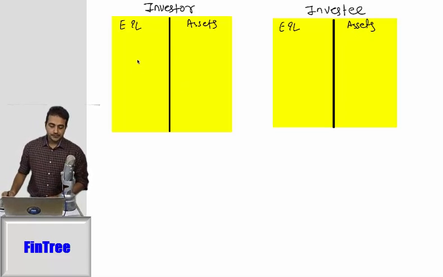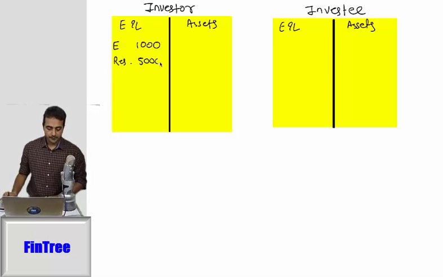Now, let us say for investor, right now equity is 1000. Accumulated reserves are 5000. They have a bank loan of 5000. Balance sheet total 11,000.